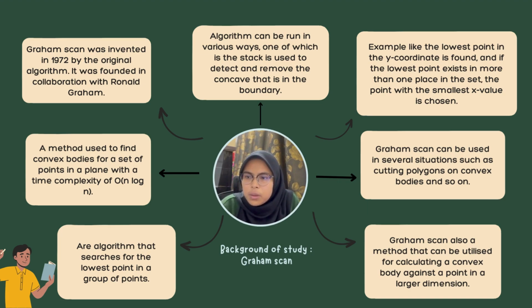When every single point on the convex hull is present in the stack, the whole process comes to completion. Next, Graham scan can be used in several situations, such as cutting a polygon on a convex body and so on. And lastly, Graham scan is also a method that can be utilized for calculating a convex hull for points in a larger dimension.